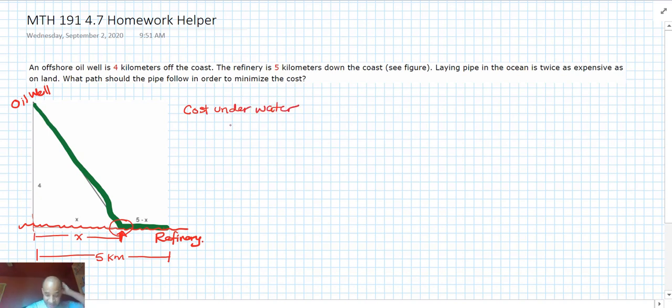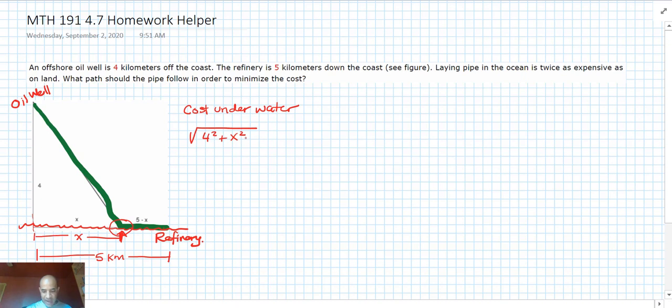What we have to figure out is how long that section's going to be, and we're going to use the Pythagorean theorem, right? The distance is going to be the square root of x squared plus 4 squared. Really what I'm doing is the distance formula, or you can think of it as the Pythagorean theorem, right?